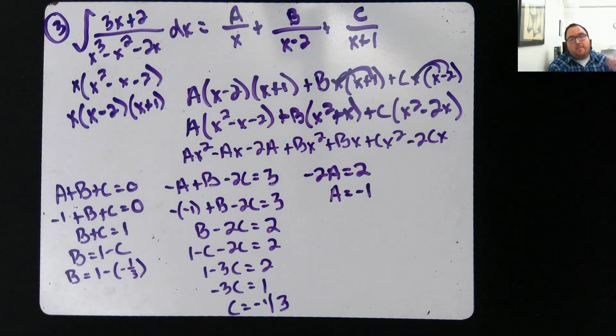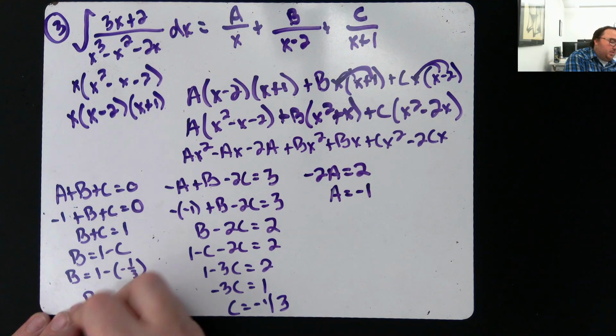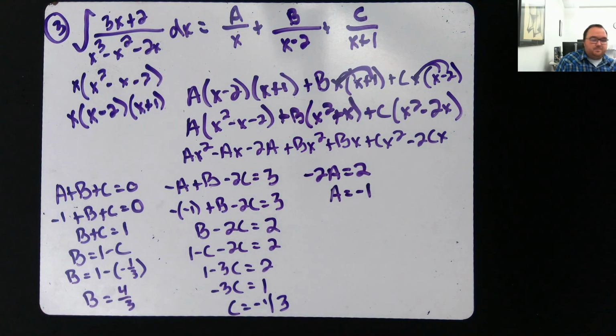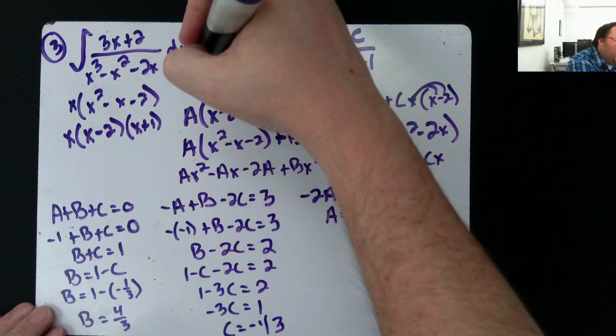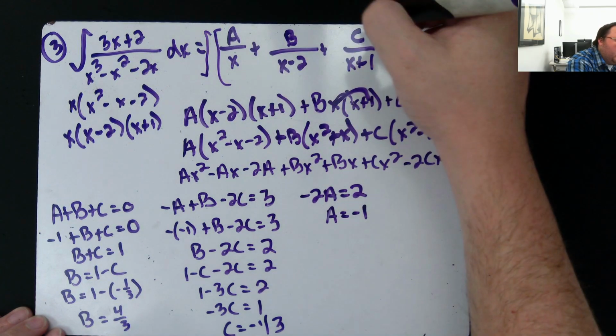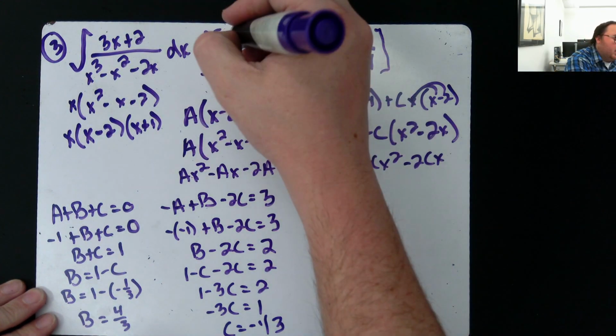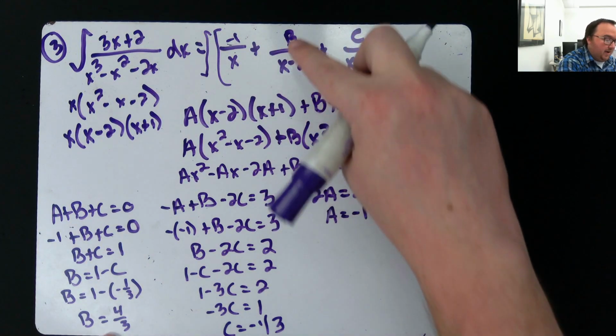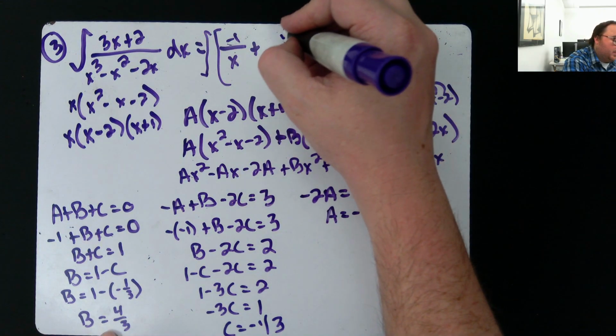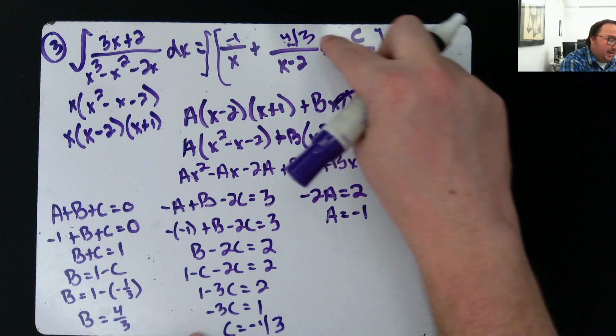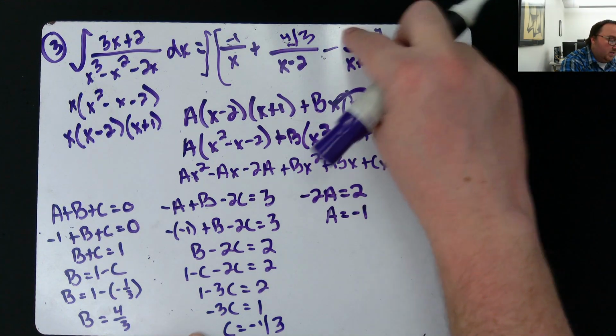This is like saying 1 plus 1/3, so b is equal to 4/3. So what this means is how this is going to work out. This is going to be the same as the integral of, for a, we got negative 1. For b, we got 4/3. And for c, we got negative 1/3.